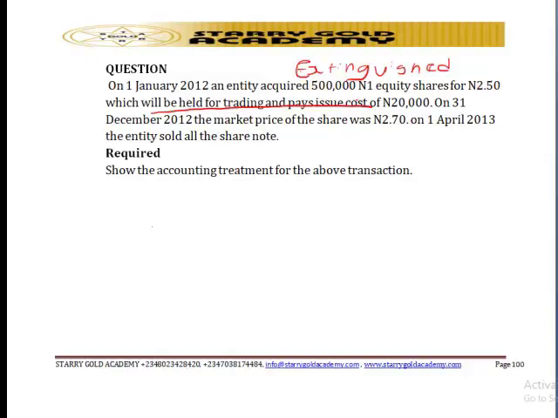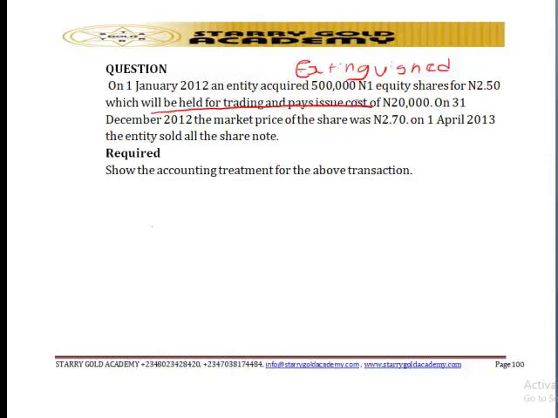They said I should measure at fair value where you recognize the gain in the statement of profit or loss. That's for financial asset at fair value through profit or loss. Sorry, I'm making reference to this a lot because I don't want us to just treat questions without breaking down some of these basic things. It's very essential for us to understand this before we say we can treat questions.